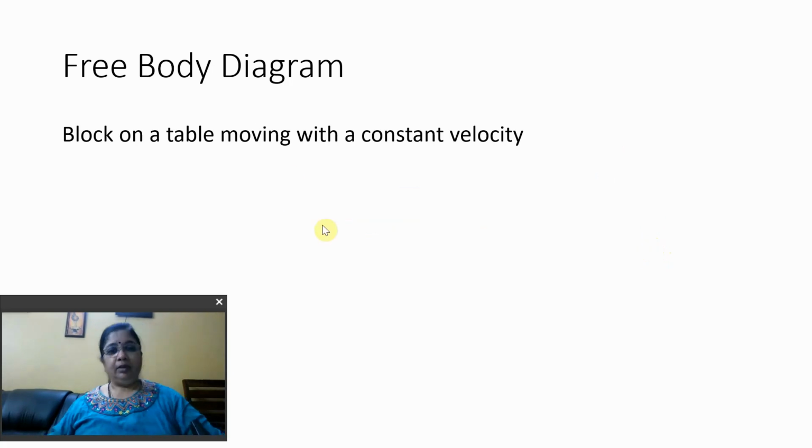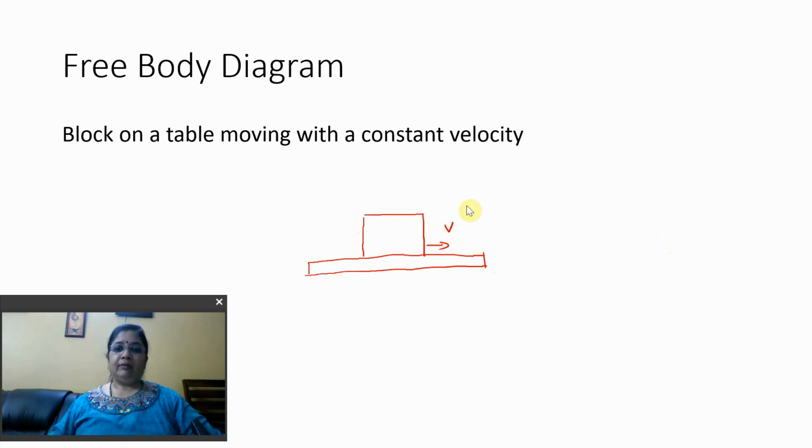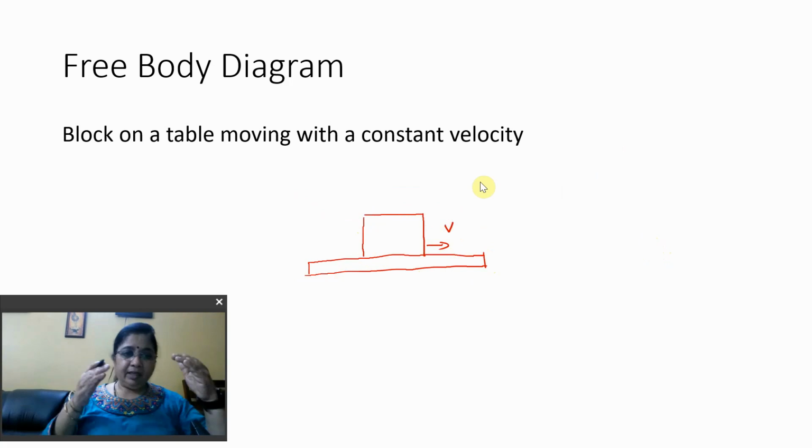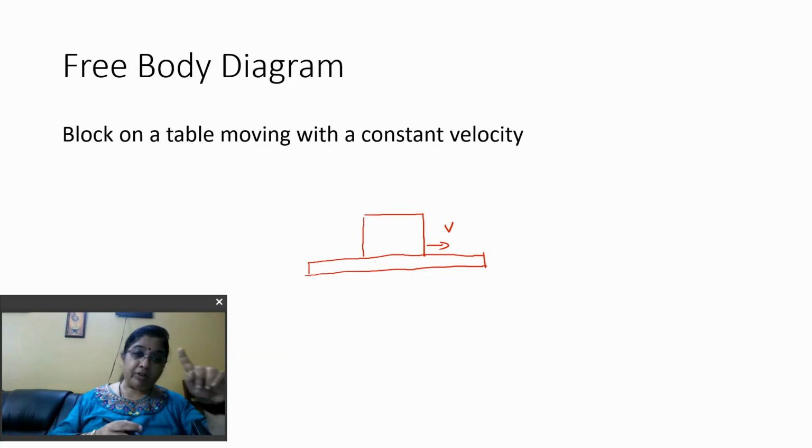Block on a table moving with a constant velocity. So I have a table and I have a block. This block is moving with a constant velocity, right? Let me recall Newton's first law here. Every body continues in a state of rest or of uniform motion along a straight line unless acted upon by an external force.